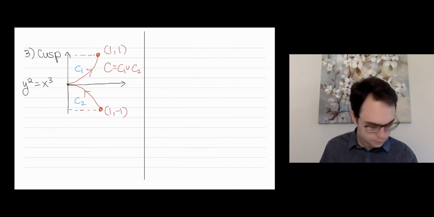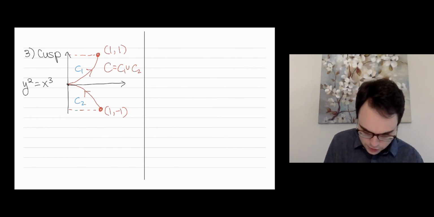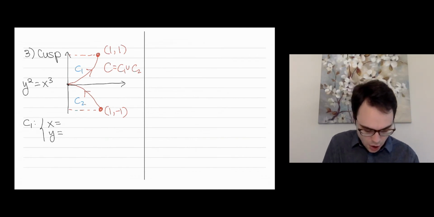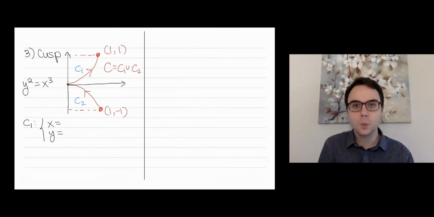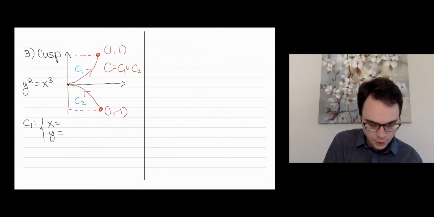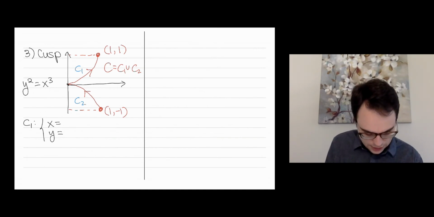So I can express y in terms of x, solving this equation for y without any sign ambiguity. I can just say that y is the positive square root of x cubed, that's x to the 3 halves.